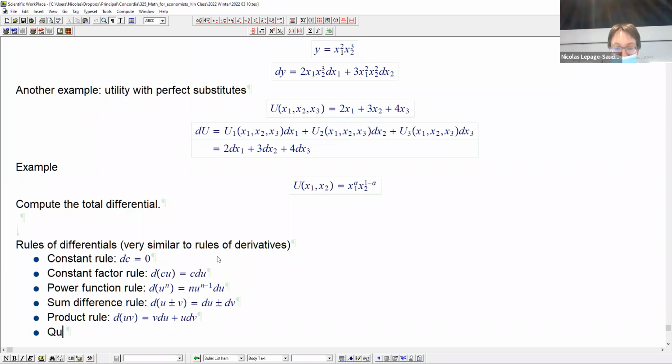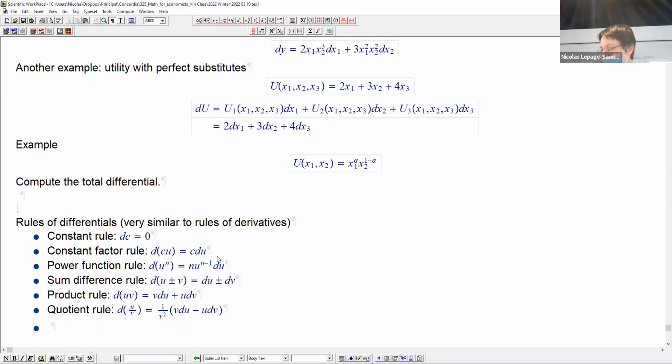Quotient rule: d(u/v) equals 1 over v squared times (v du minus u dv). And other rules are also there.